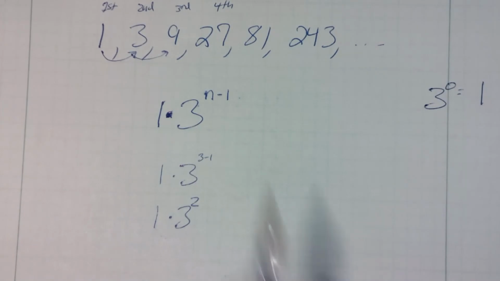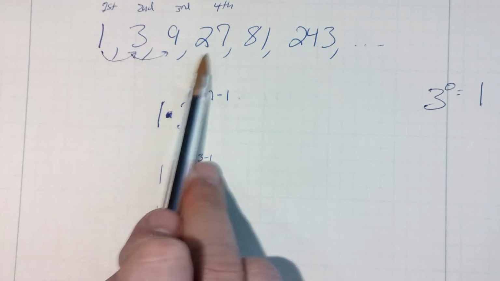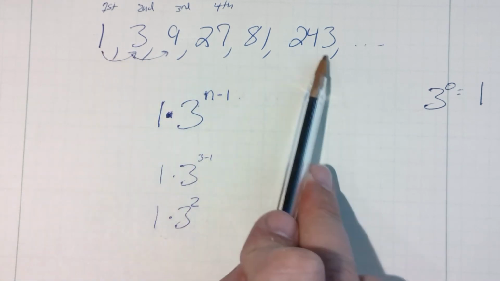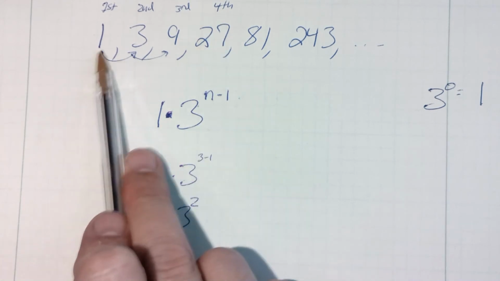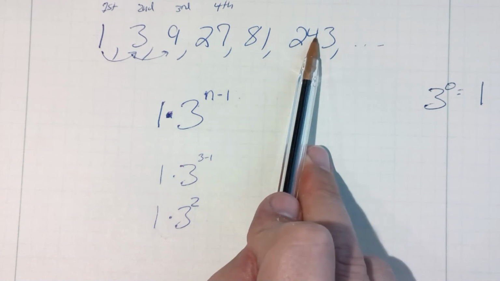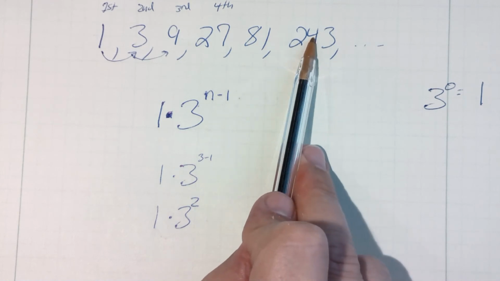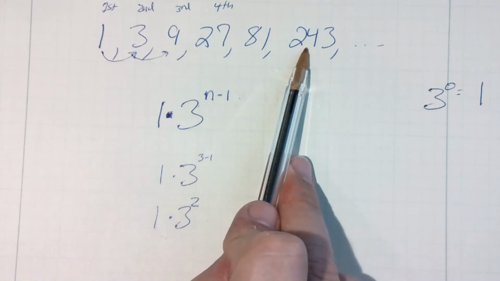So this n-1 basically says that when we're multiplying by 3's, we multiply by a certain amount to get to the nth term. Like if we wanted to get to the fourth term, we really only need to multiply by 3 three times. If I want to get to the sixth term, I'm going to multiply by 3 five times, or 1 less.